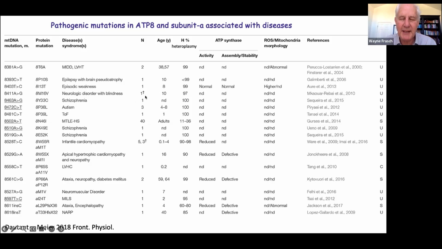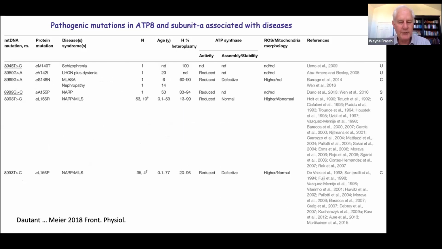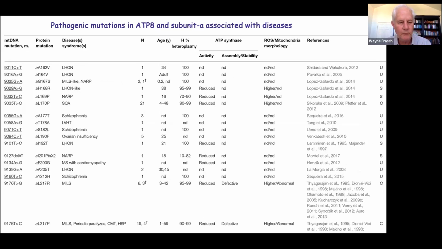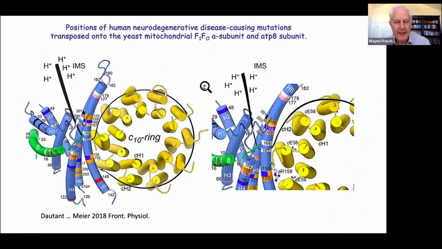You remember there are multiple copies of the mitochondrial DNA, so you can have heteroplasmy, where some are still the normal, functional sequence and only a few are mutated. If you look down here, the diseases are actually pretty bad, and a lot of them are neurological. This is where they end up located in subunit A, and a lot of them are right at the interface to the C ring.